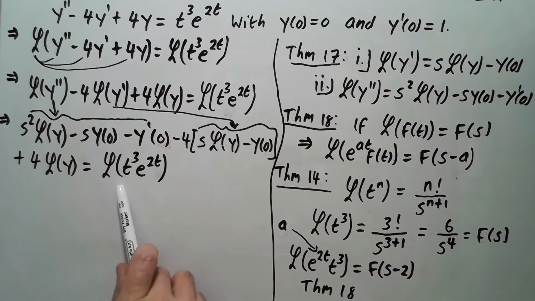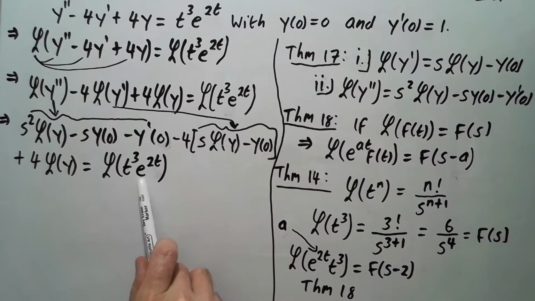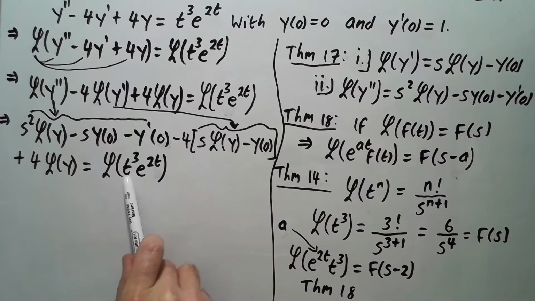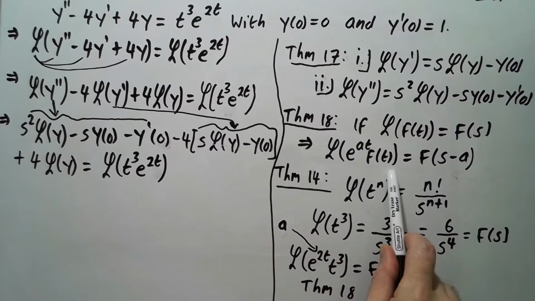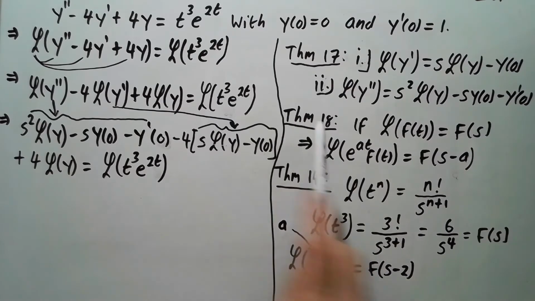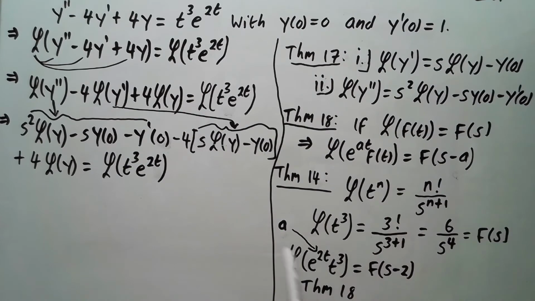So let me write this over here and apply theorem 18 to it. Okay, so we're looking at the Laplace of t cubed e to 2t. I'm going to switch around the e to 2t and t cubed so I can match it up with theorem 18 better. So I have it written as Laplace of e to the 2t t cubed. Here in theorem 18, the a in our case would be 2. So according to theorem 18, it's going to be big F of s minus a, so big F of s minus 2.